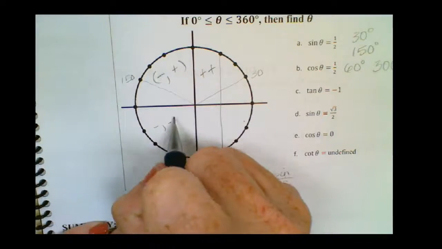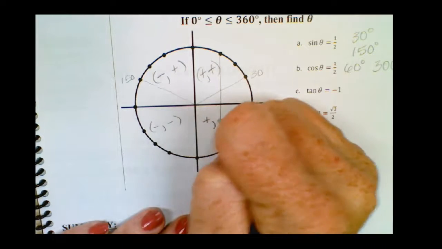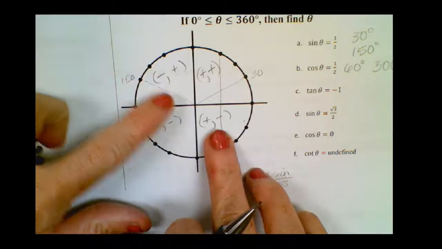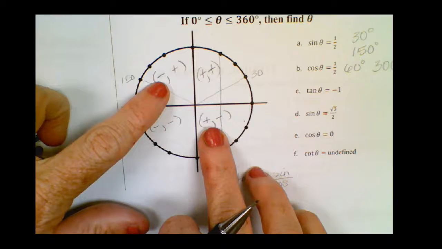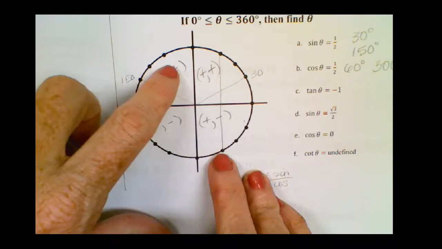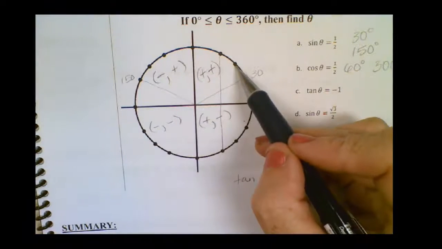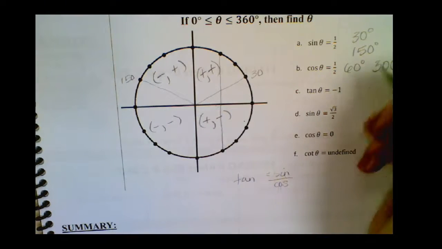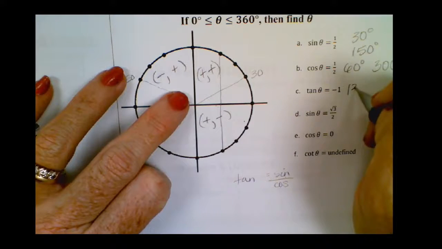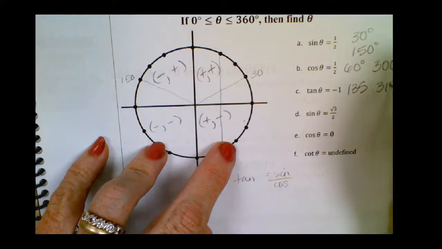This is negative for both. And this is positive cosine, negative sine. Okay, so those are my two options where my tangent is going to be negative. So the reference angle for that would be 45. And so in this quadrant, my 45-degree angle is at 135. And in quadrant 4, it would be at 315.